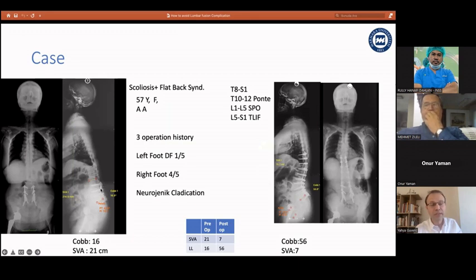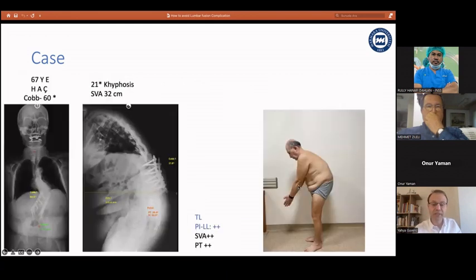So there is no good lumbar lordosis achieved. 3 years later, she again has severe back pain and walking disturbance. We made revision surgery, we made lordosis again, and we went to upper levels to prevent complications.